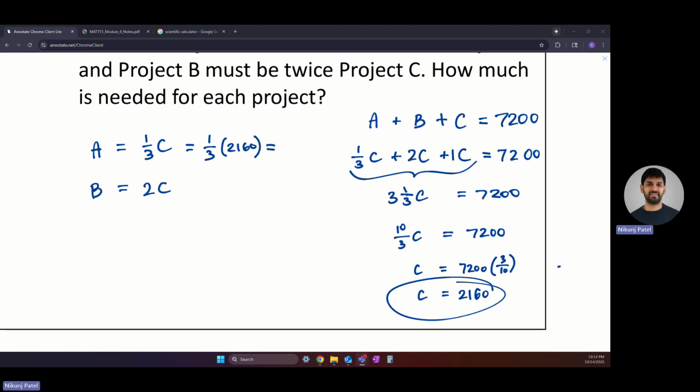And so then for A, we get that this is 720 if you punch it into a calculator. And B is twice of C, so that would be 2 times 2160. So that's a total of 4320. And there's each of the project amounts.